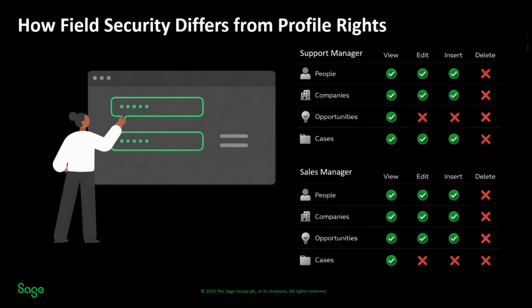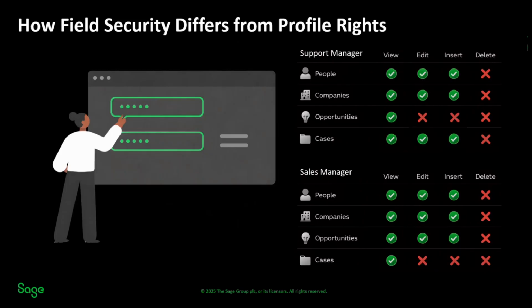But field level security hits the individual fields that they would experience within the screens. So even if a user has update rights for a company, and in the examples that I gave, both the security profile for the support team member and the sales team member had update rights on the company.